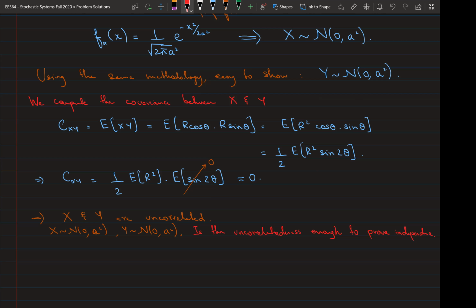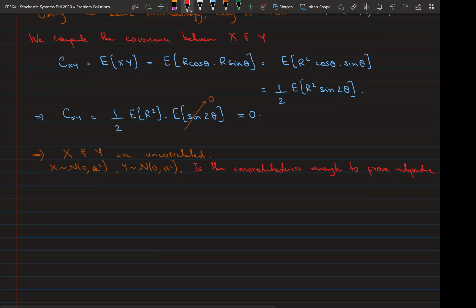So for uncorrelatedness to imply independence, we need to show that they're jointly Gaussian as well. In other words, the joint PDF satisfies the joint Gaussian distribution. So this clearly is not enough. Think about the counterexample though; I leave that as an exercise.